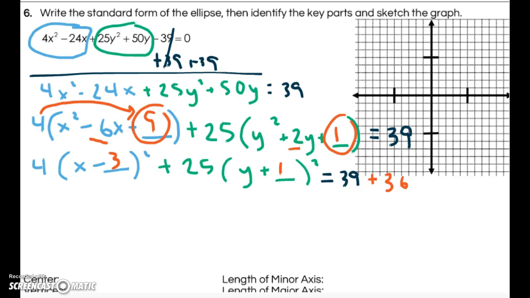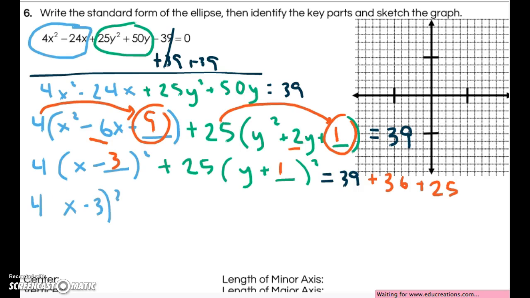And over here it looks like I added 1, but really I added 25 times 1, which is 25. So that is how I balance my equation and make sure that it's equivalent to the original. And what I have here is 4 times x minus 3 squared plus 25 times y plus 1 squared equals 100.